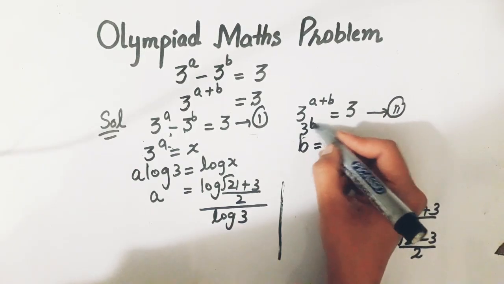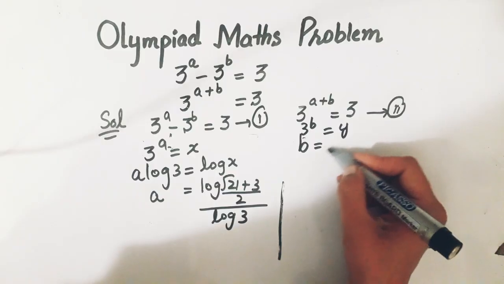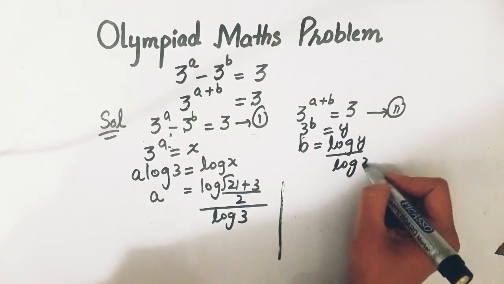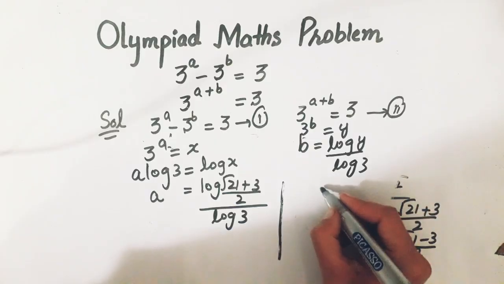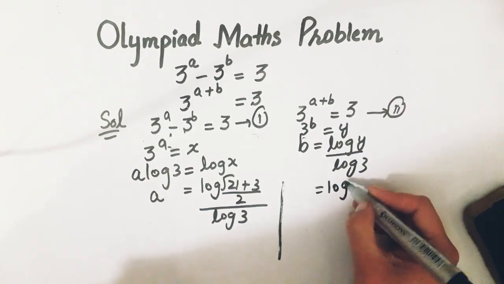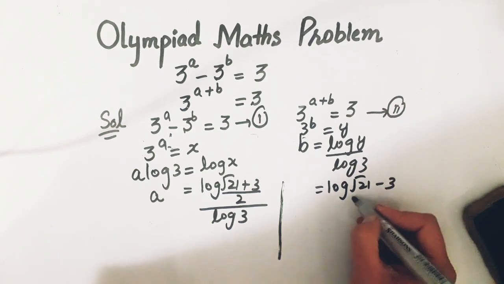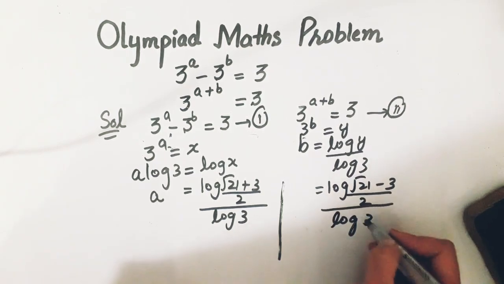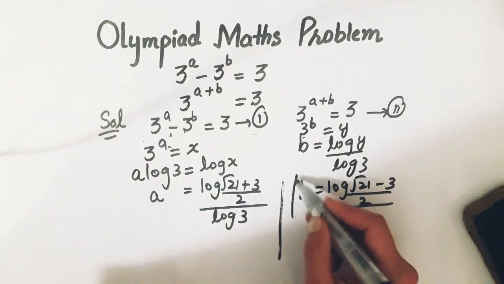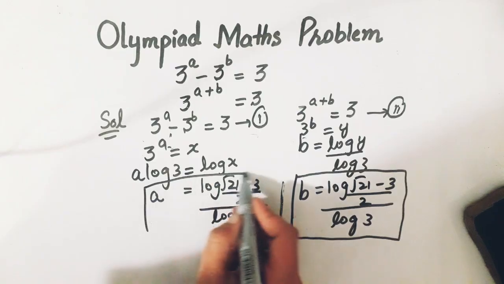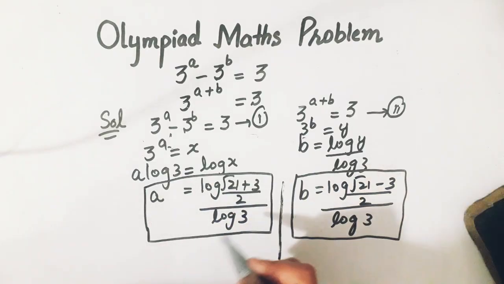Because 3 power b equals y, b equals log of y divided by log of 3. So what is the value of y? We get log of (root 21 minus 3 divided by 2), divided by log of 3. This is the value of b and this is the value of a. Now you can easily find the values of a and b.